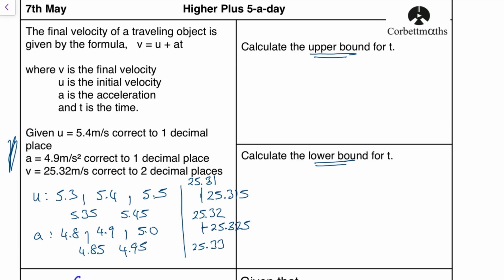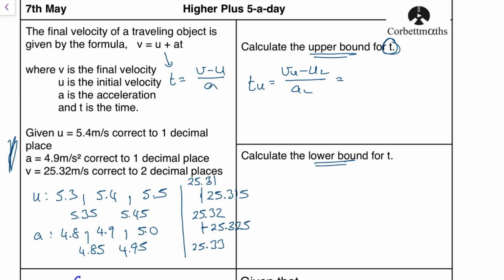Now I've just realised I've missed something really important here. It says for T, not for V. So the first thing I need to do is rearrange this. So it's going to be T is equal to V minus U over A, which makes this not nice because therefore my T upper is my V upper, the biggest value of V, take away the smallest value I can, and then divide by the smallest value I can.